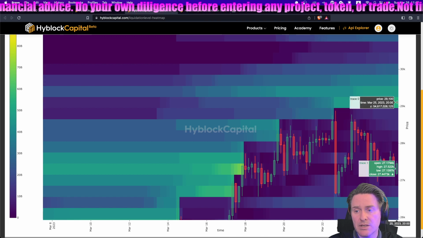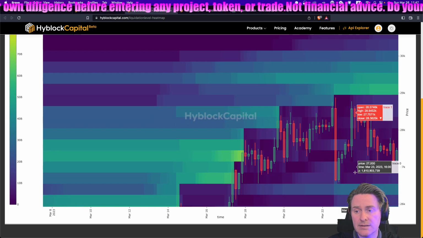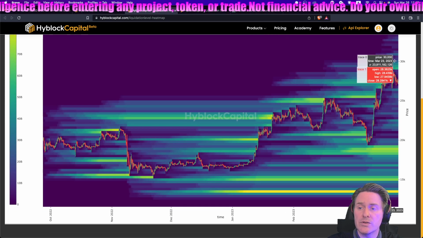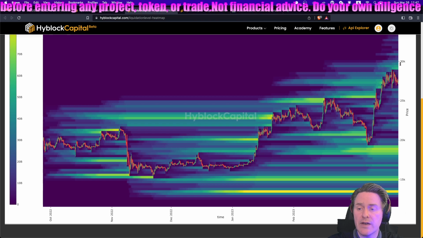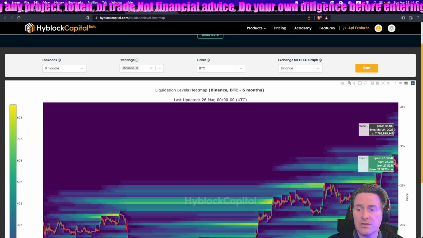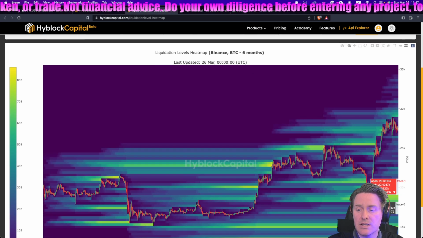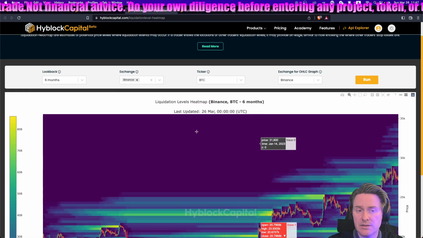Not nearly as much induced there as at 29.1, but interesting to note nonetheless. So you're still seeing these pools as valid targets. Once they get above the 30k region, it starts to get sparse as of this moment. So then these start to become targets.